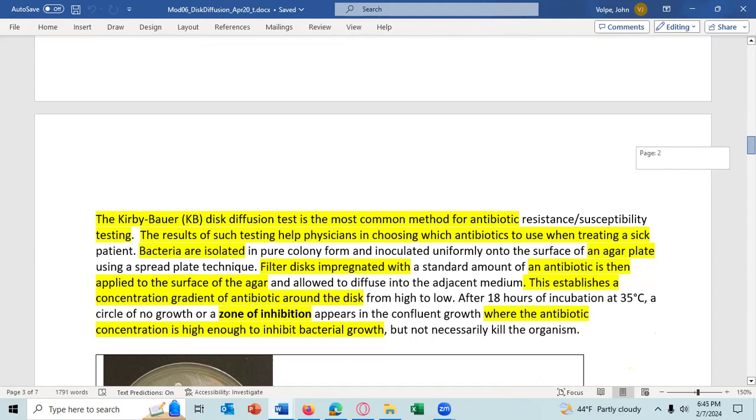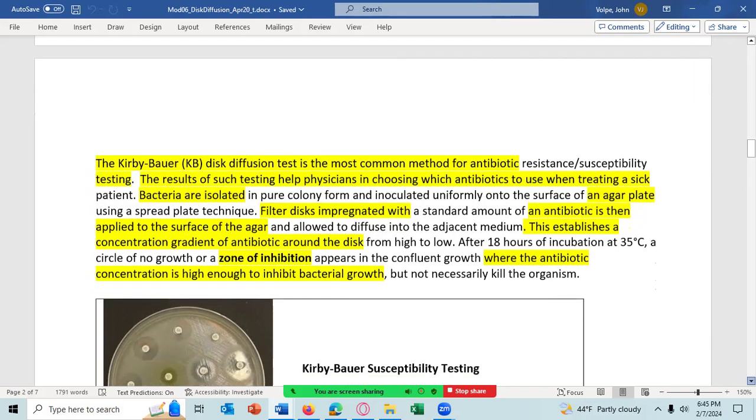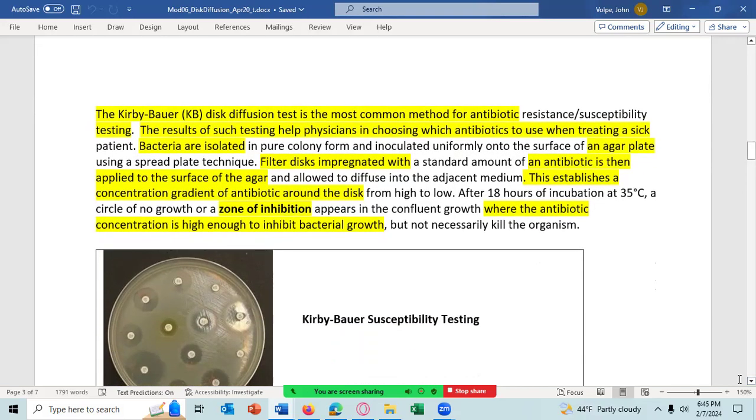It may be used on different chemical agents like antiseptics and disinfectants, but it is very good for testing antibiotic resistance or sensitivity. The results of such testing help physicians choose which antibiotic to use when treating a sick patient. Bacteria are isolated, grown in an agar plate, and then filter discs impregnated with the antibiotic are applied to the surface of the agar.